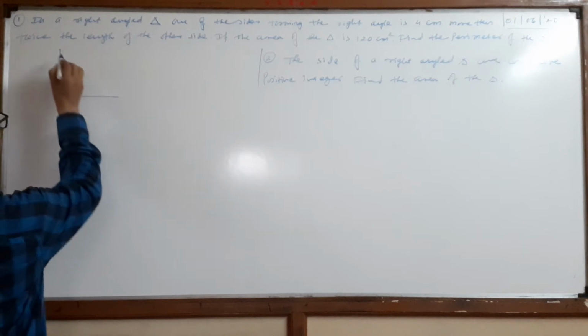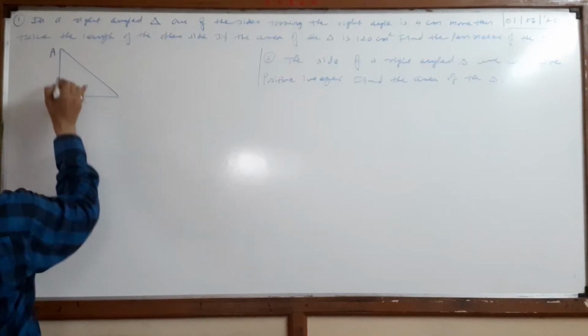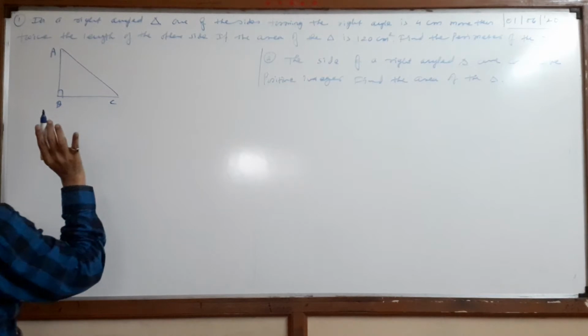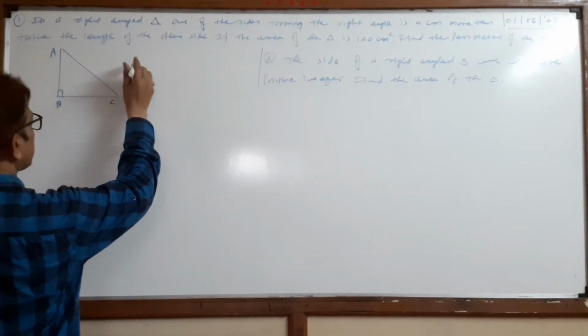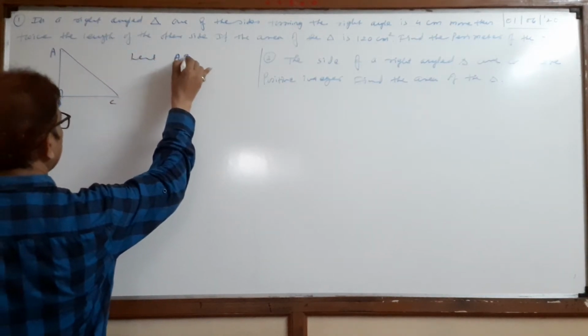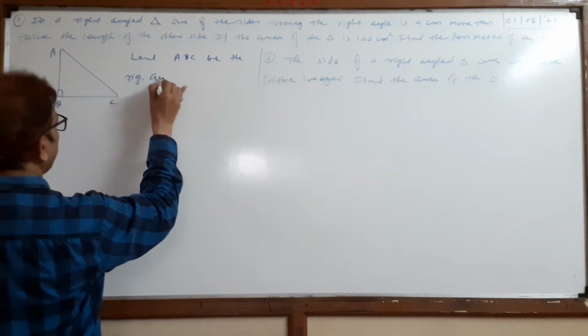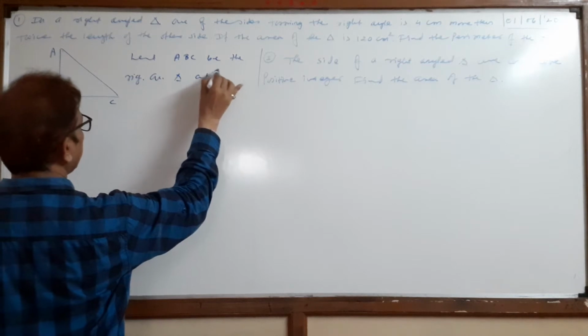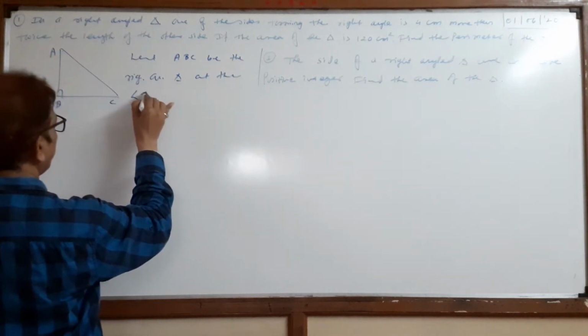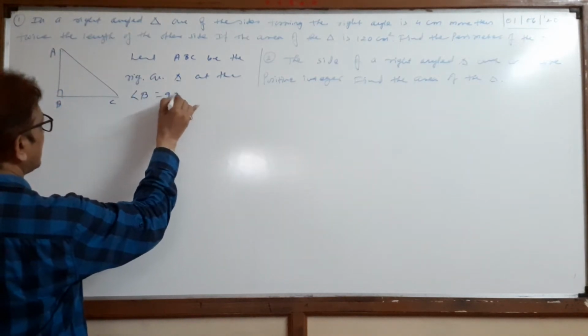First we draw the right angle triangle ABC. So first we suppose, let ABC be the right angle triangle at the angle B equal to 90.